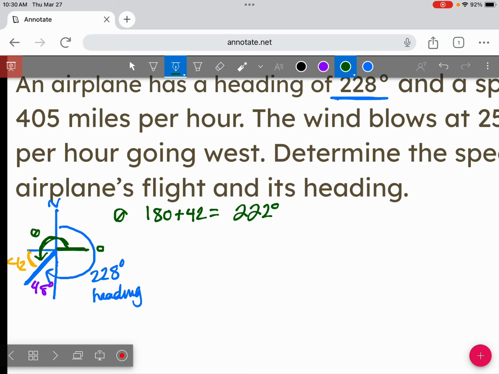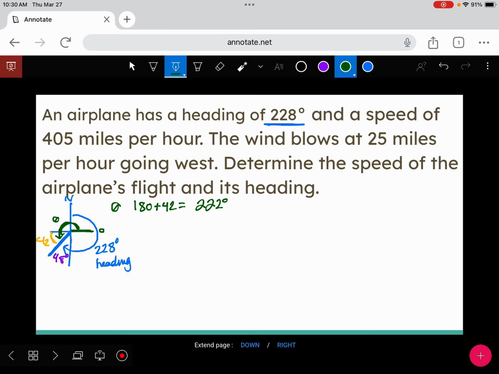So this is the angle we use for our vector. It's obnoxious because we had two different ways of writing the angle here, but it's getting us to the same thing. The heading of 228 and angle 222 are technically coterminal. They're just weirdly worded.